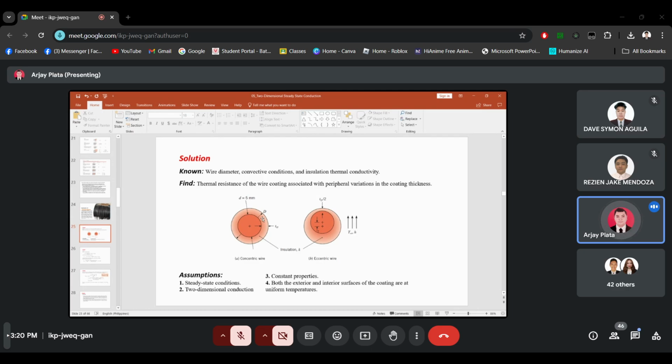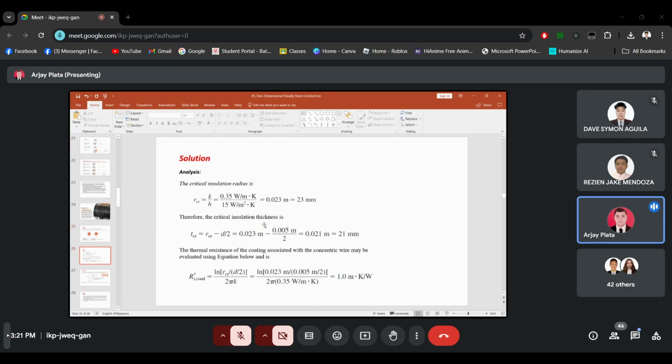To compute the thickness, we subtract the radius of the copper from this radius. The radius of the copper is 2.5 mm. So 23 minus 2.5 is 21.5, tama ba? 20.5. So it's 20.5 or 0.021 meter.